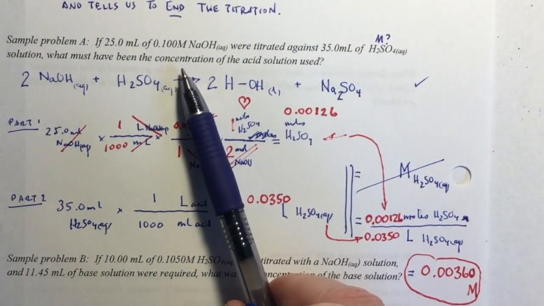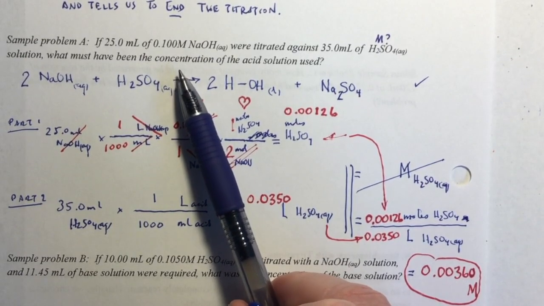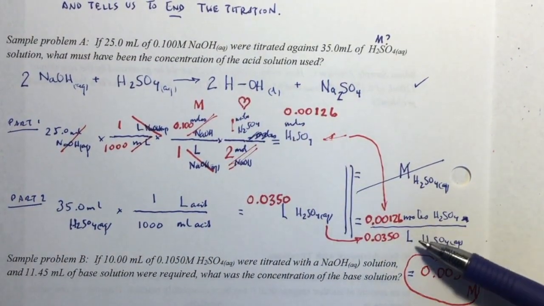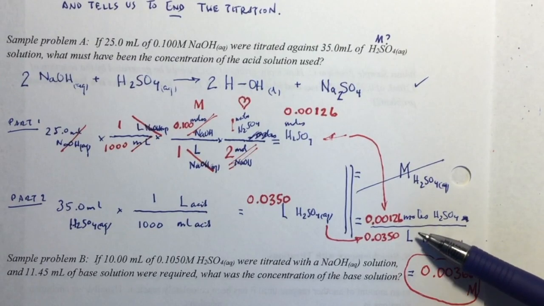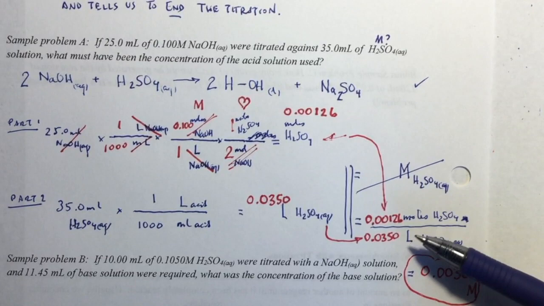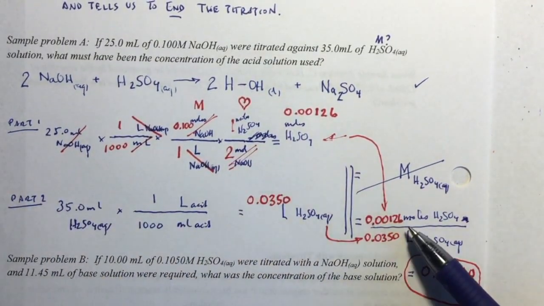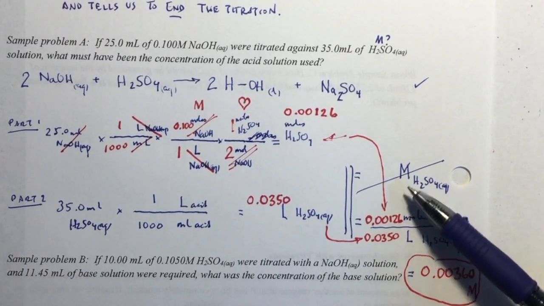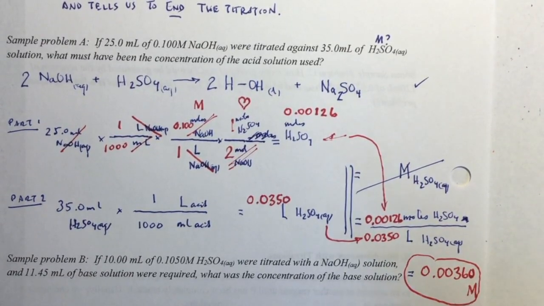And in this case, they were asking for a concentration rather than the number of milliliters or liters or moles or grams. And so I took concentration and I broke it apart so that I could consider the individual components of what a molarity concentration is. I solved for each of those separately, and then I plugged them back together to get my molarity. And that's how I solved this problem.